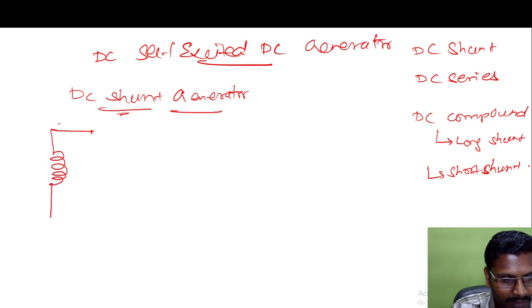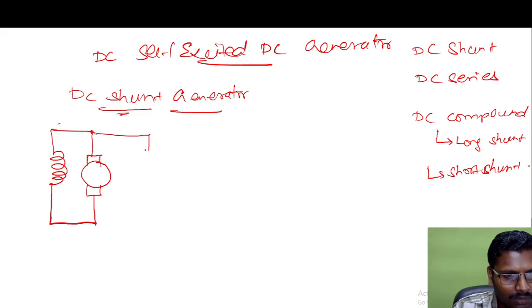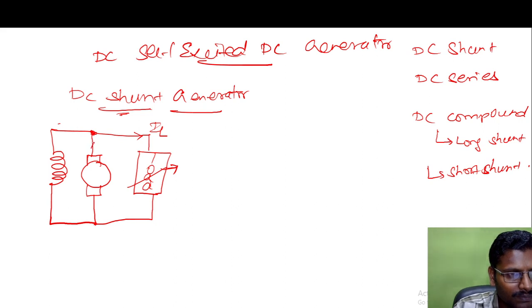And this is the field winding. And this is the armature winding, which is connected to the load. This is the load. Let it be a variable load, and the current through the load will be IL, and at this point the current will be divided into 2.